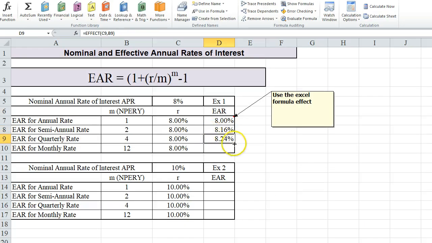Each year it's going up a little bit because when you're increasing the compounding, you're increasing the effective annual rate when you increase the frequency of compounding. So here, let me just relabel this nominal so you know when you're entering in the cells.